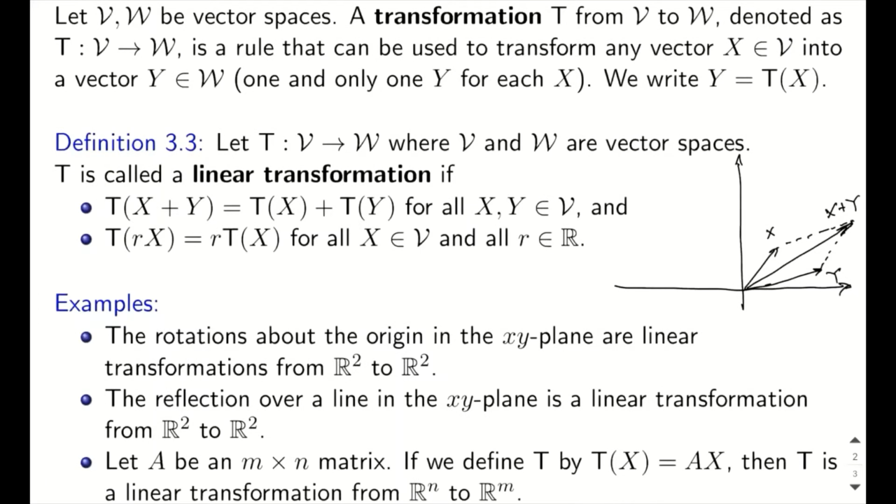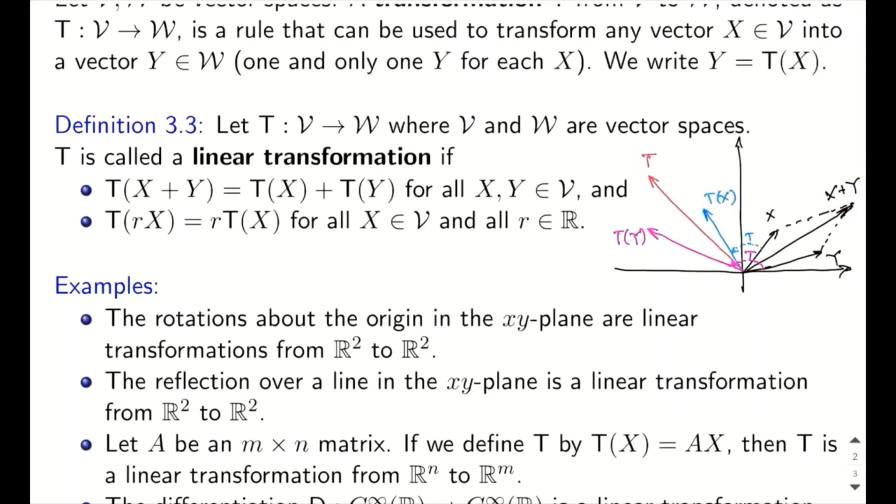The transformation T will transform x into Tx. The transformation T will also transform y into Ty. And of course, T will also transform the sum vector of x and y into some other vector that we call T of x plus y.